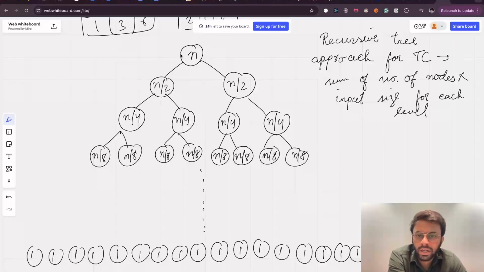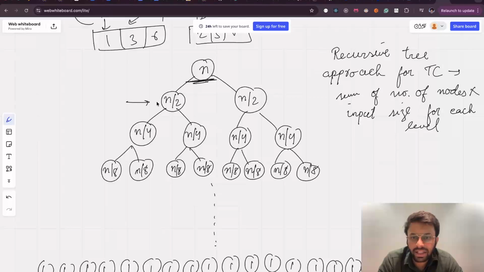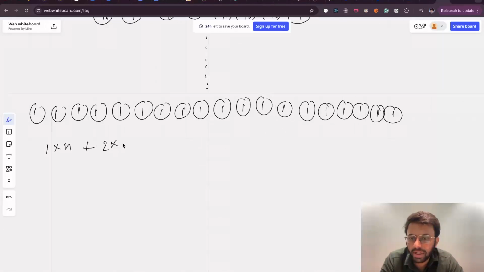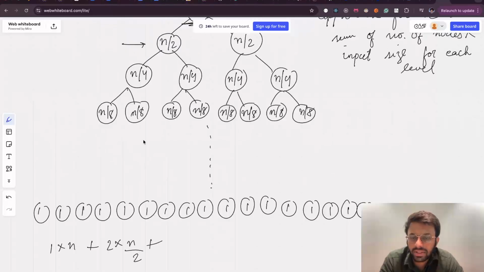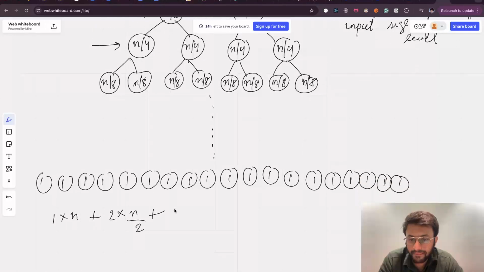Okay. So here the number of nodes is 1, input size is n. So this will be 1 into n. Plus in the second level the number of nodes is 2 and the input size is n by 2. So it will be 2 into n by 2. Plus in the third level, the number of nodes is 4 and the input size is n by 4.